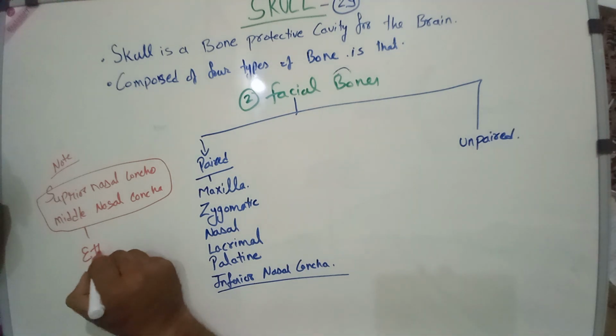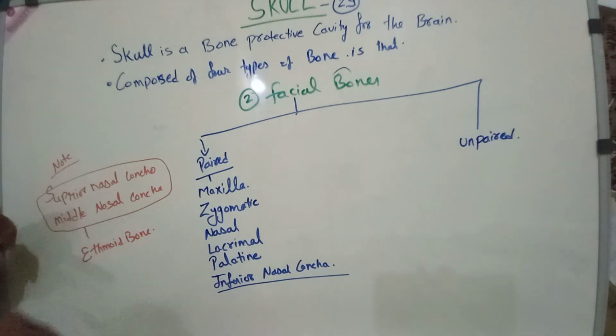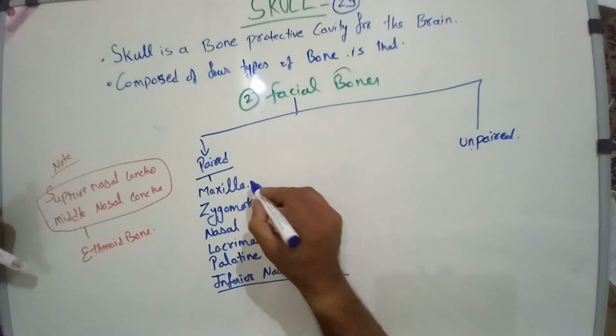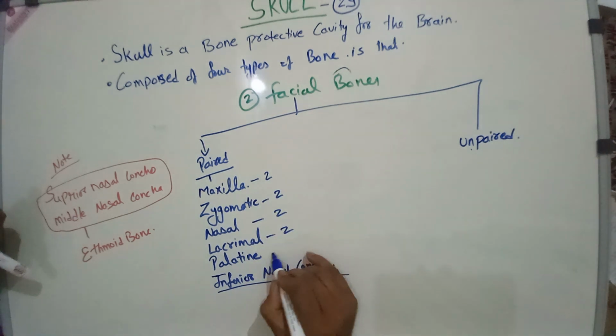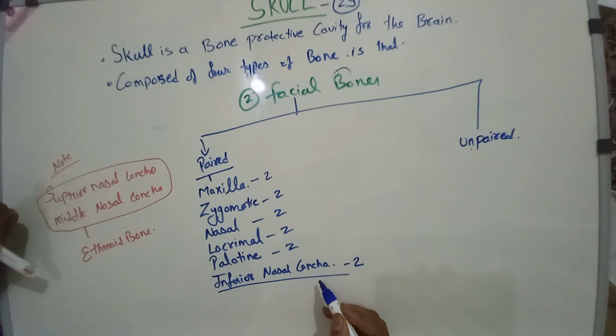Ethmoid bone. And now how many are there? There are 2 maxilla, 2 zygomatic, 2 nasal, 2 lacrimal, 2 palatine, and 2 inferior nasal concha.